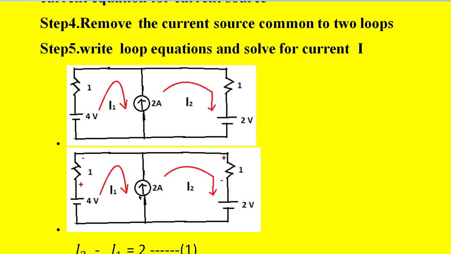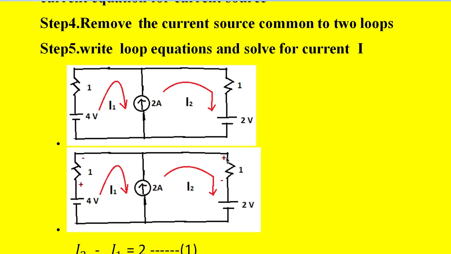And here we have the current source. The current source also has a fixed polarity, so we cannot change it. It will be like this only. Next, coming to the second loop. The second loop current is I2, and I2 enters the 1 ohm passive element here.